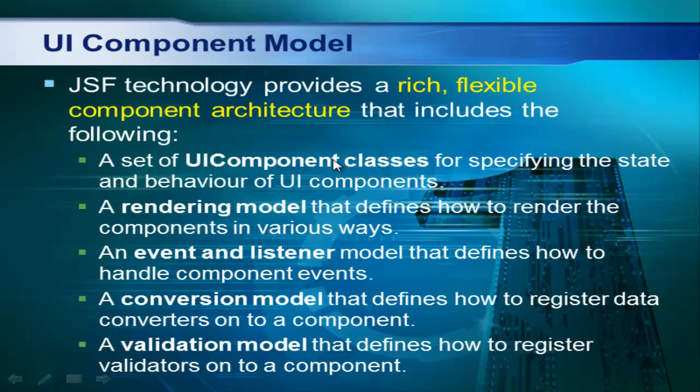So this Java has to be converted into an appropriate HTML format and shown to the user. And that work is done by the renderer. The renderer takes the component, renders it, converts it into an HTML format and shows it. Again, the conversion need not always be HTML. It can be into a different format.